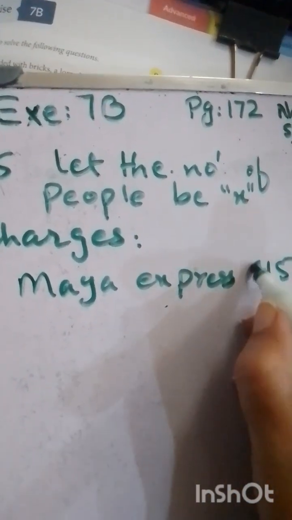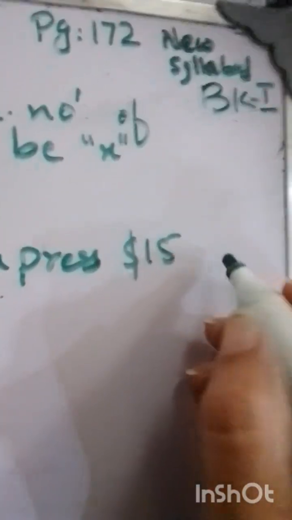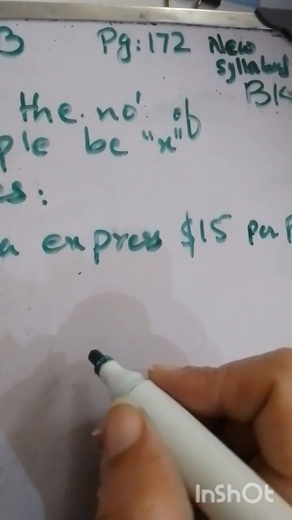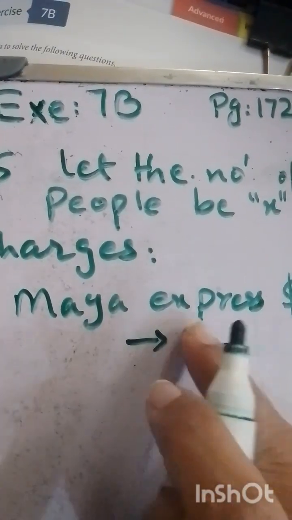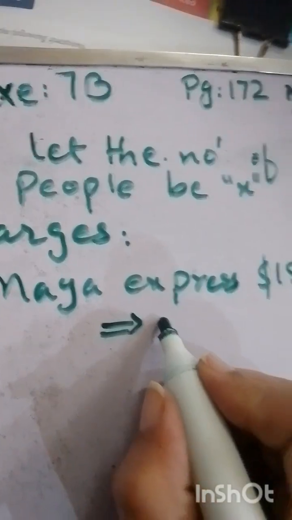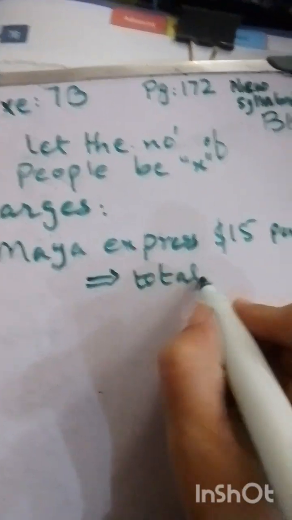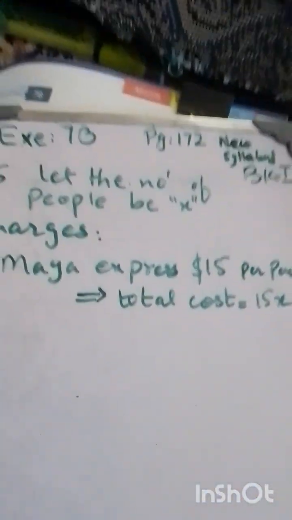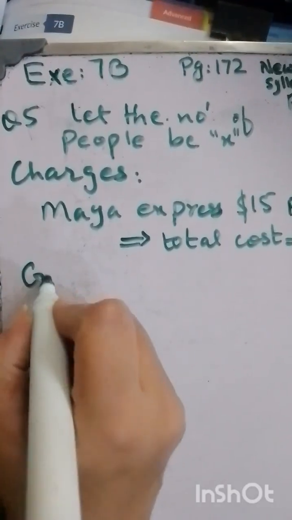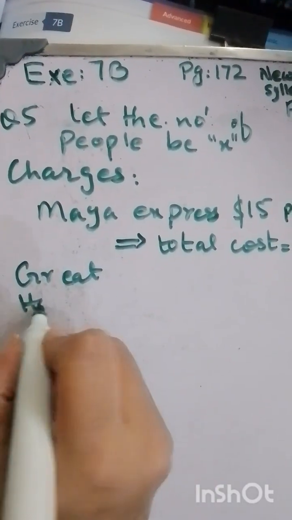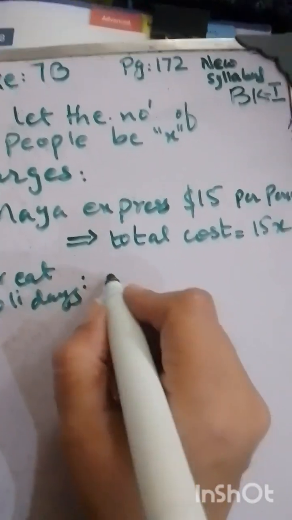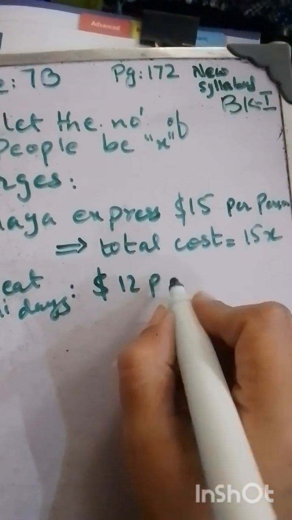So considering it as again x, Maya Express is charging $15 per head, while Great Holidays is charging $12 per person.